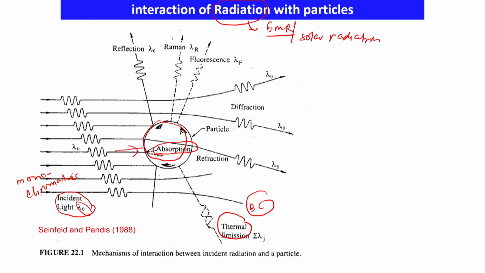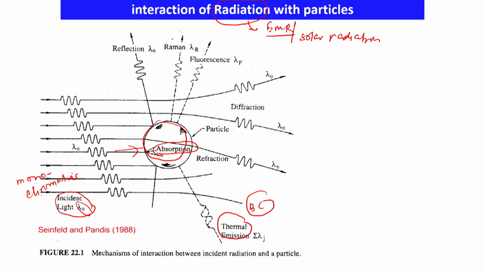When the black carbon absorbs the radiation, it heats up, because the solar energy that was there in the atmosphere is absorbed by the black carbon particles. These black carbon particles will now contain more energy.